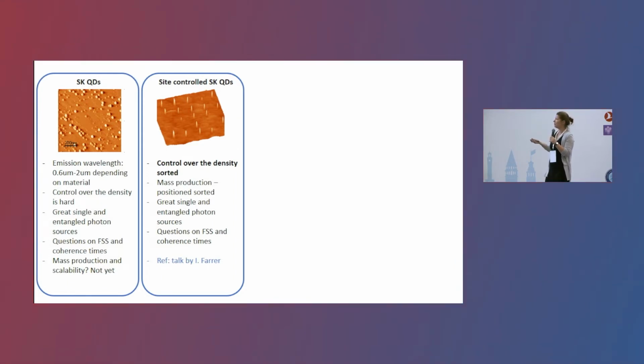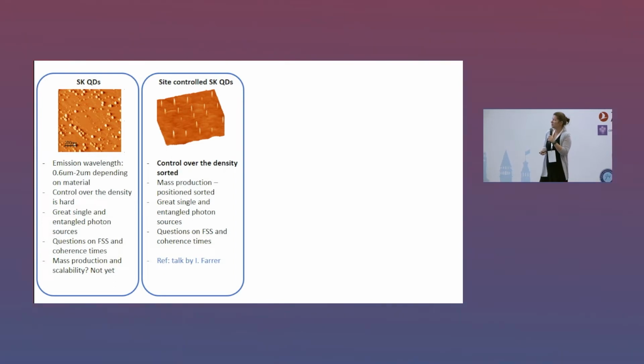And there was a great talk today by Ian Farrer showing the latest achievements within this field, where University of Sheffield could achieve the control over the density of quantum dots by placing them in determined, predefined positions on the wafers. Obviously, this is a great advancement because once you know where the dot is, you can build amazing device around it.